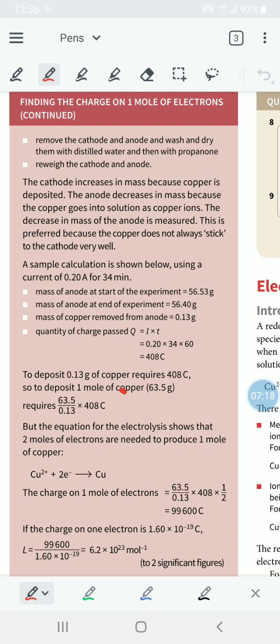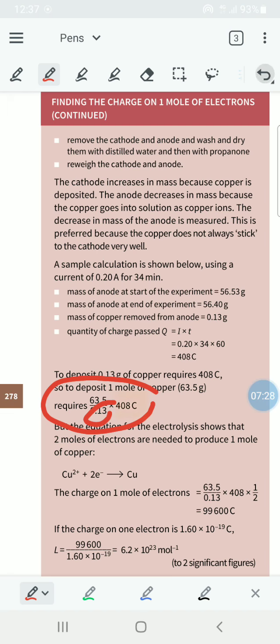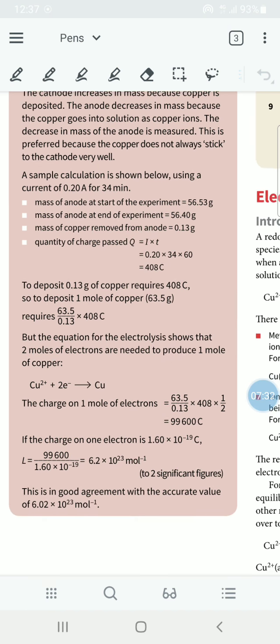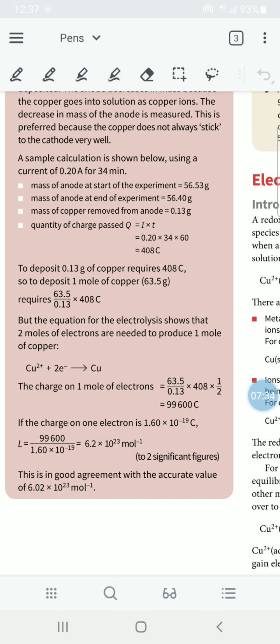Remember, the denominator and the multiplication should correspond to one another. So 0.13 is for 408 coulombs. Then for 63.5, you multiply it by 63.5. Then you get a certain value.